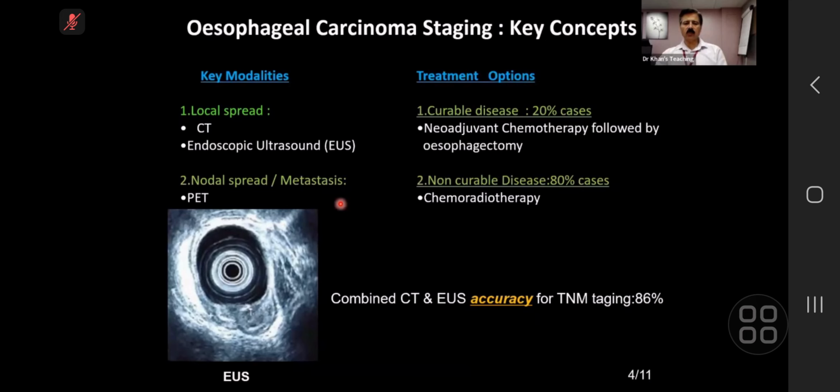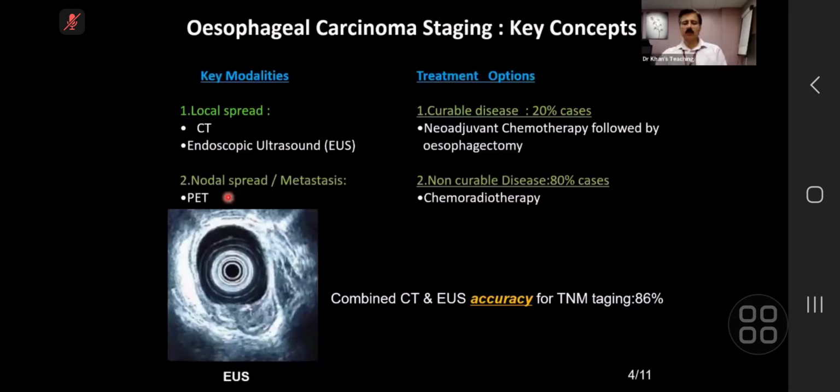So PET scan is absolutely critical. Similarly, in esophageal carcinoma, there is a concept of local nodes versus non-local or distant nodes. Local nodes are part of the locoregional disease, but if they are not local, then we call them metastasis.